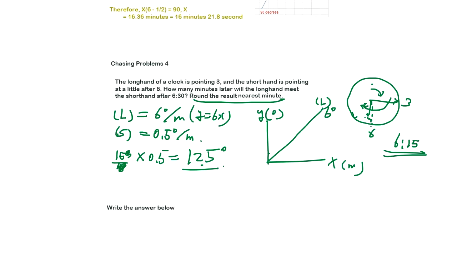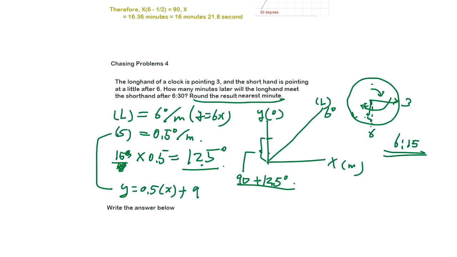So the handicap here is 90 degrees plus 12.5 degrees, right? Okay, so the shorthand equation is y equals 0.5x plus the handicap intercept, here 90 plus 12.5.